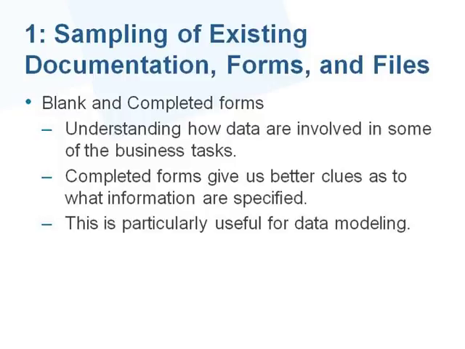A completed form actually gives us a better clue as to what information is specified. With a blank form, you only see that I have to specify this information here, this information there, and so on. A completed form, on the other hand, is more interesting. It already has some information filled in. Now you can see better how people react to this form.